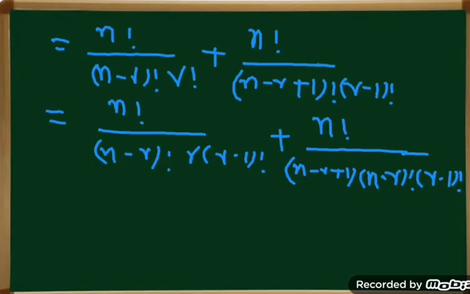Now this can be written as, now taking common, n factorial divided by n minus r whole factorial into r minus 1 whole factorial.